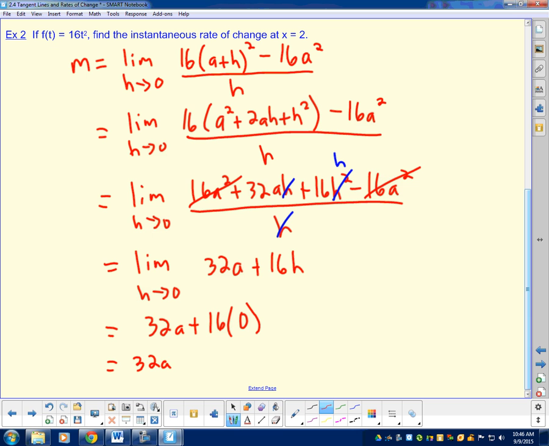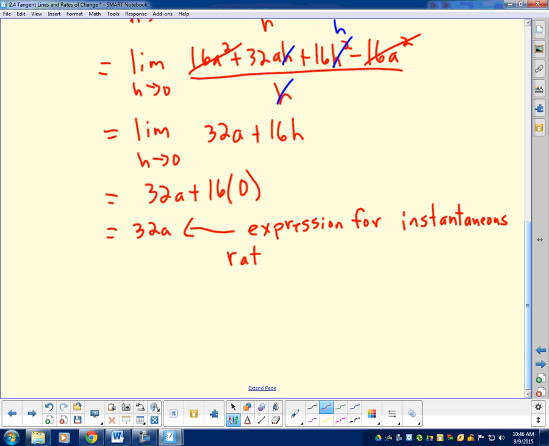Now, that's actually an expression for the instantaneous rate of change for f of t equals 16t squared.